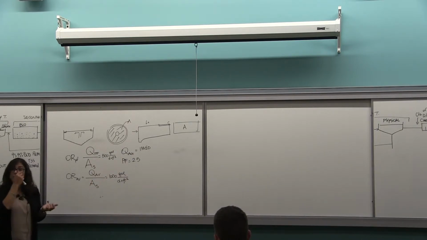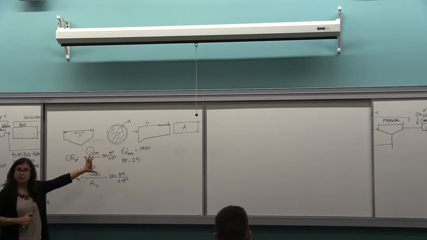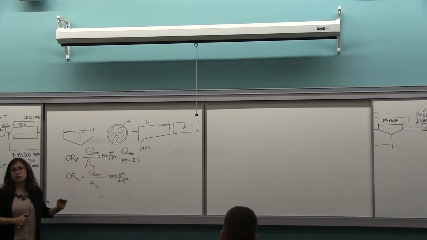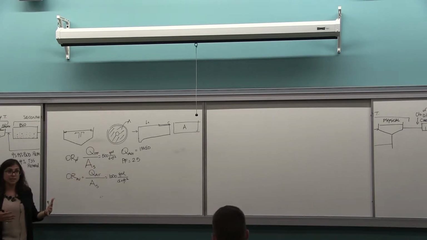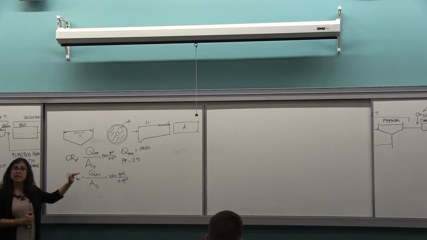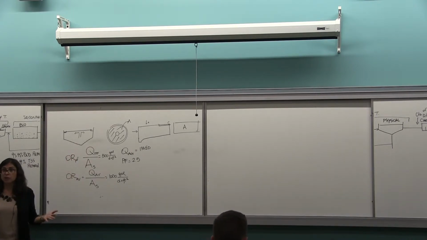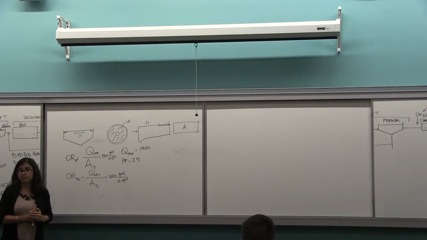So now, how do we determine the diameter? We have two design guidelines. We need to make sure that we pick the size that satisfies both, right? So these are the maximum overflow rates that I have to have. So I need to make sure that I pick a diameter of a clarifier that satisfies both, right?